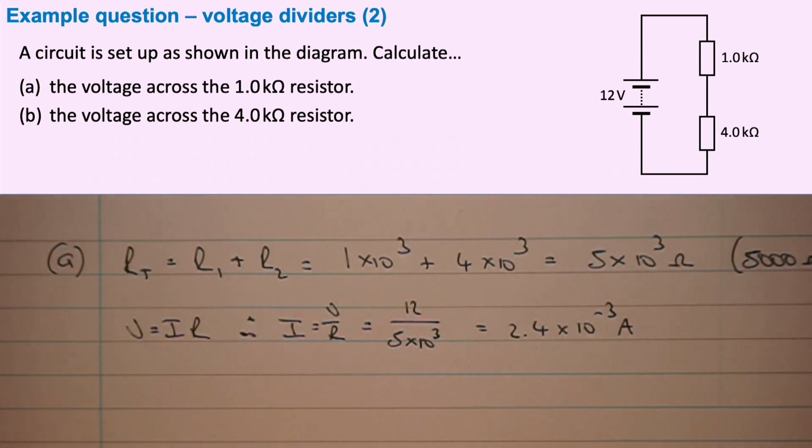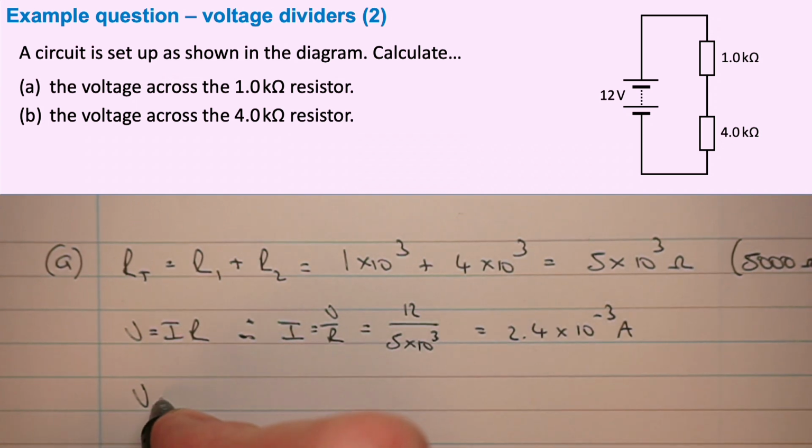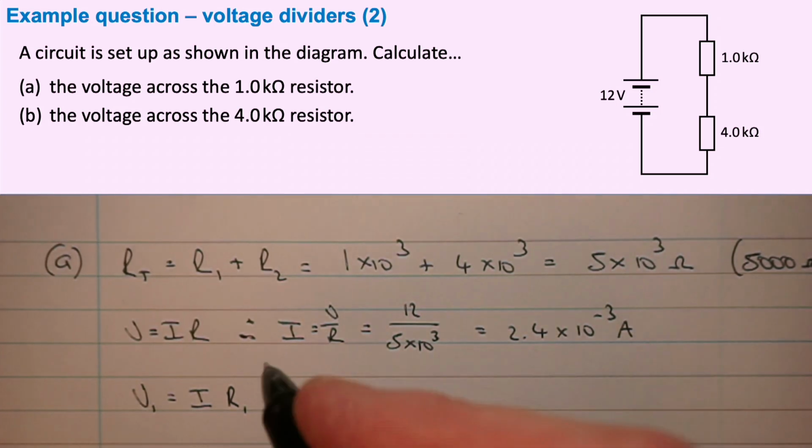And what do I want now? So I guess we're now wanting the voltage across the 1k resistor. So that would be just, if I call, as I said before, the top resistance R1, the voltage across it we'll call V1. And V1 is equal to the current times the resistance of R1, that resistance at the top of the voltage divider.